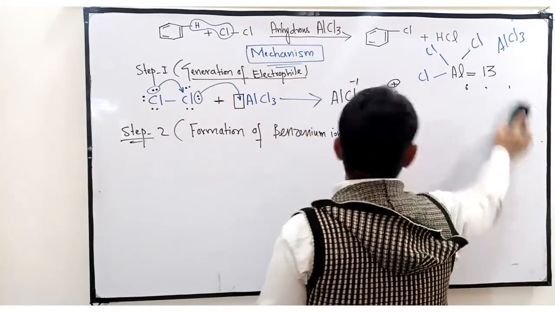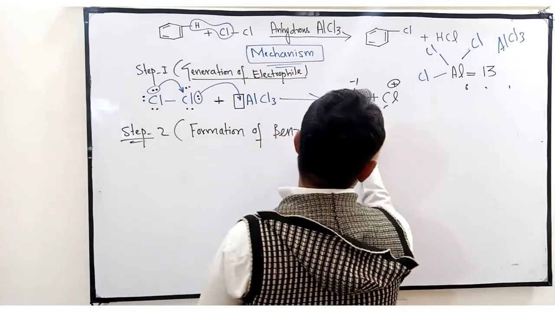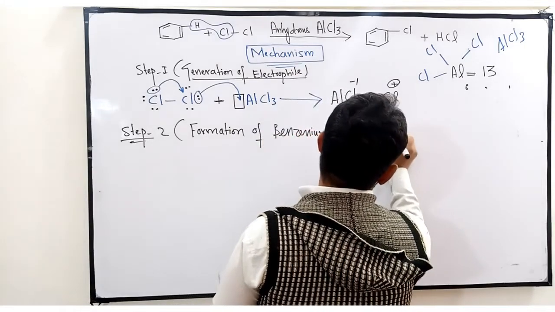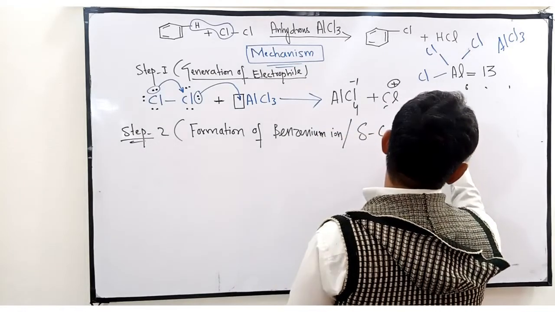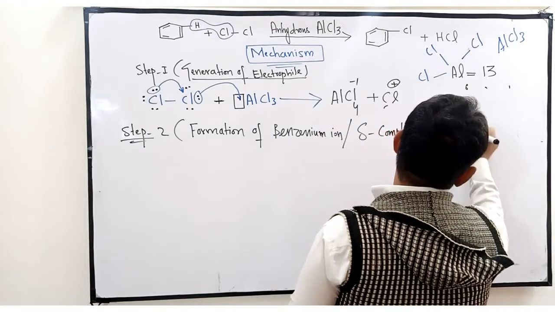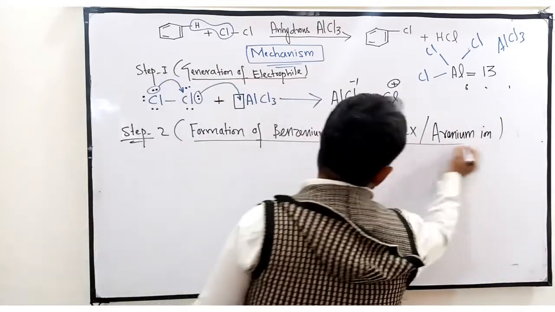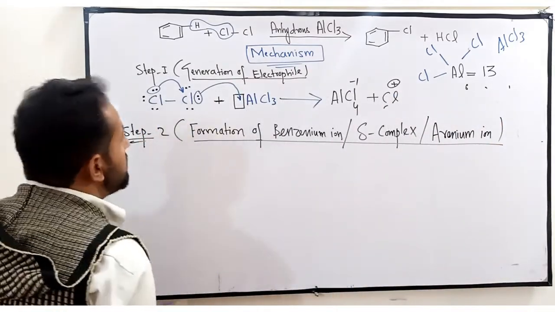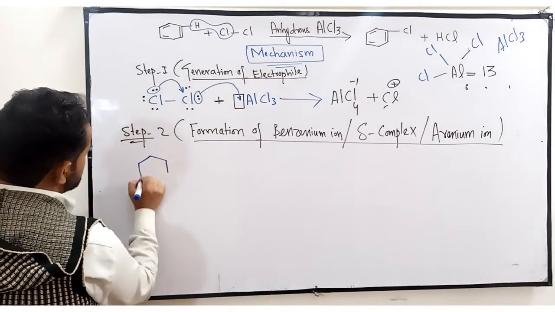Understand this one? Formation of benzenium ion, or this is also known as sigma complex, or this is also known as arenium ion. We will again explain why step 2 is known as arenium ion, sigma complex, benzenium ion. Understand? Now what happens?